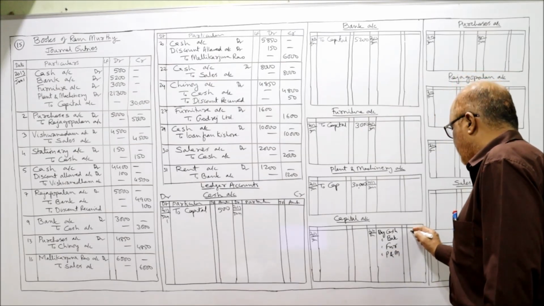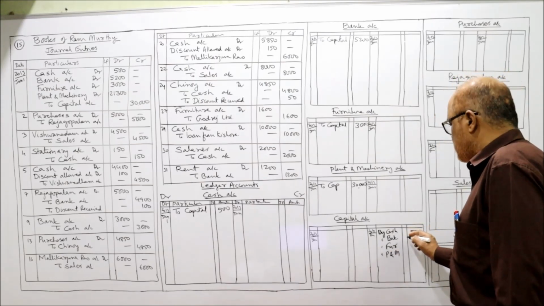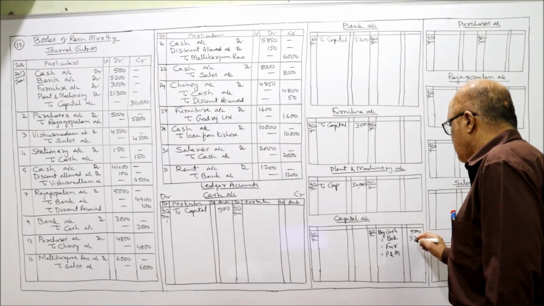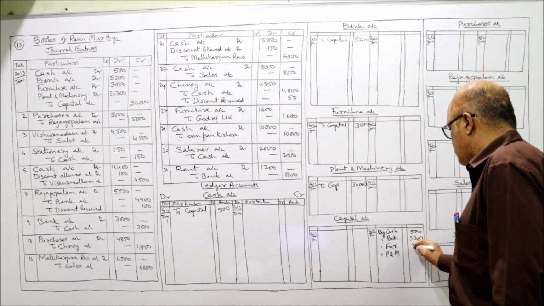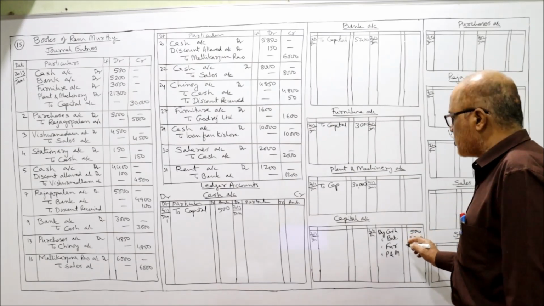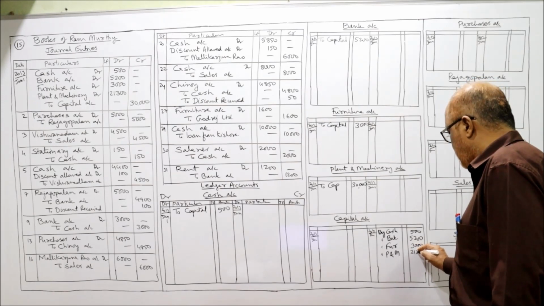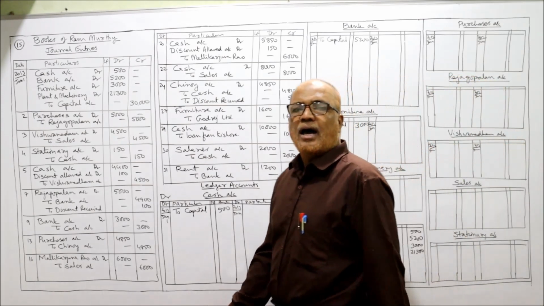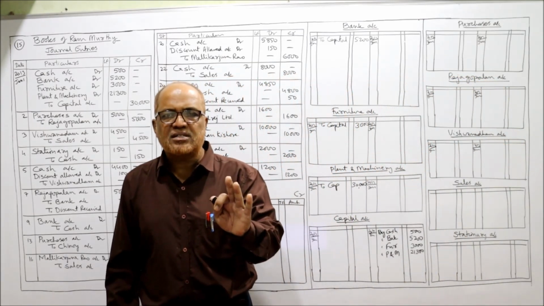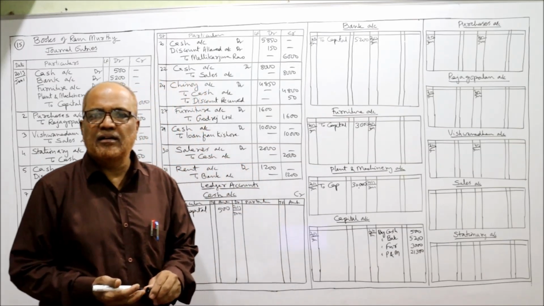Cash is how much? 500. Then bank balance 5,200. Then furniture 3,000. Then plant and machinery 21,300. That's all. I have posted the first entry completely.